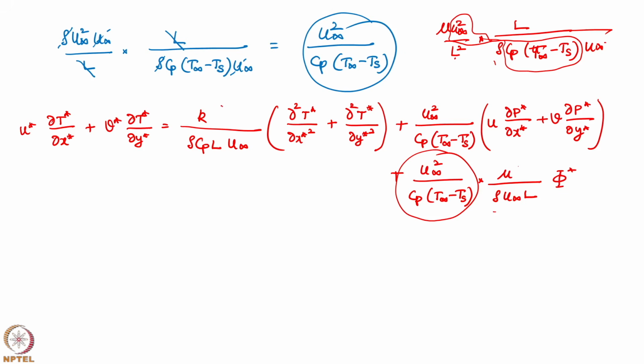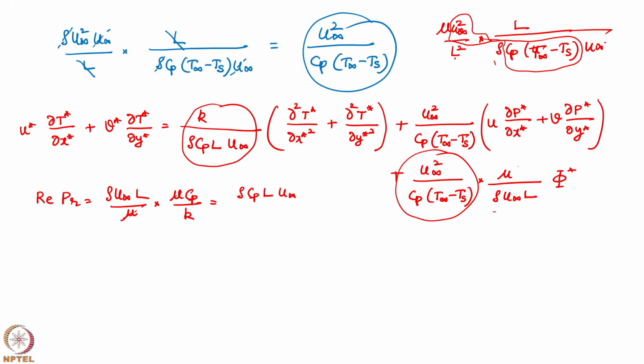Now, if you see, this k by this is nothing but Re Pr. That is Re equal to rho u infinity L by mu, and Prandtl number is mu Cp by k. So, you get this as rho Cp L u infinity by k, that is nothing but this, 1 by Re Pr.